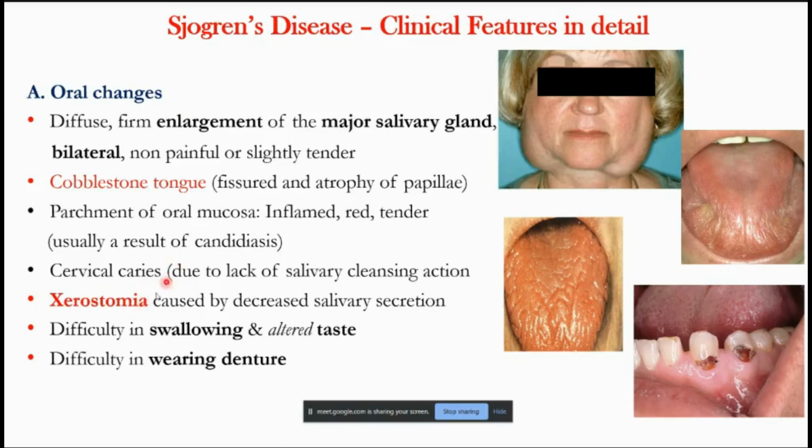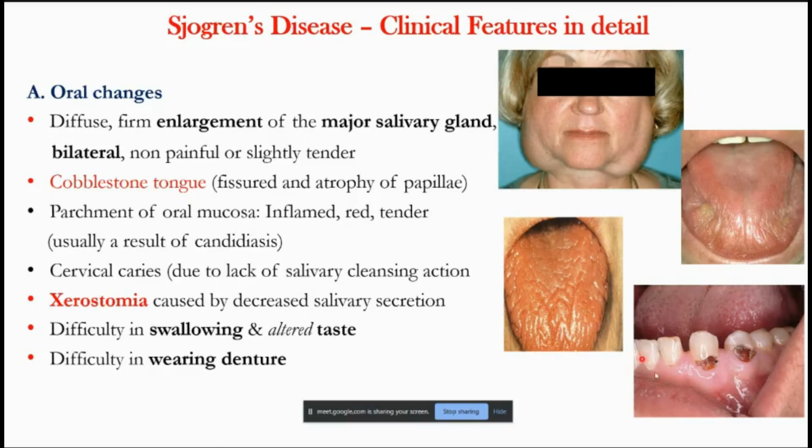So like I said, xerostomia is caused by decreased salivary secretion, and there is difficulty in swallowing and altered taste because your tongue, of course, is affected. The papillae have become atrophied, and swallowing is difficult because the saliva actually helps to move your chyme and the bolus down the GIT, like I said in the last class also.